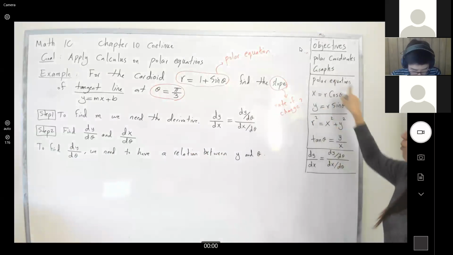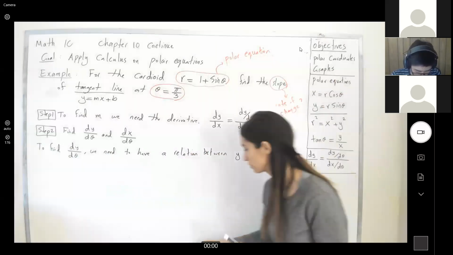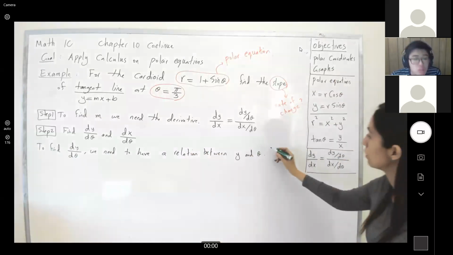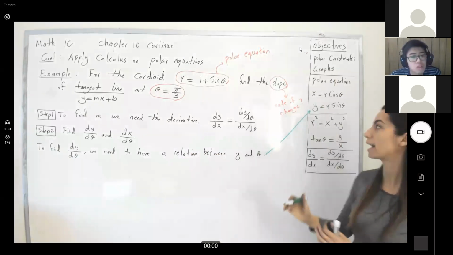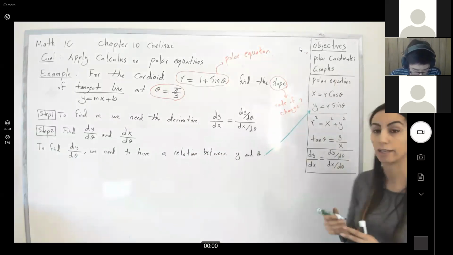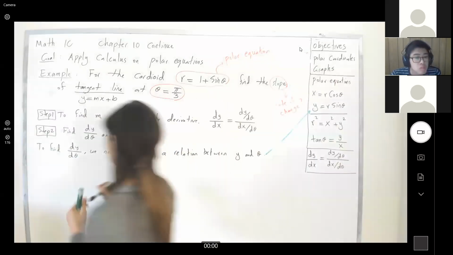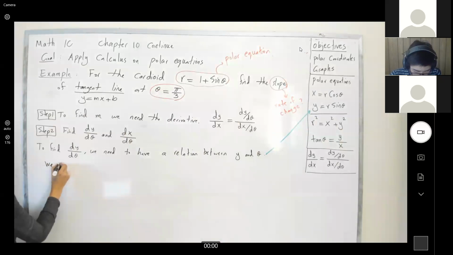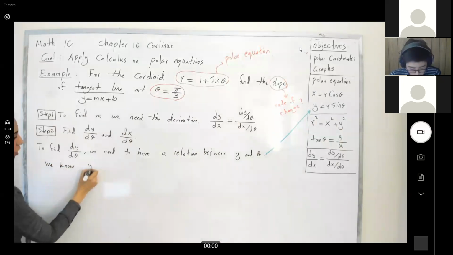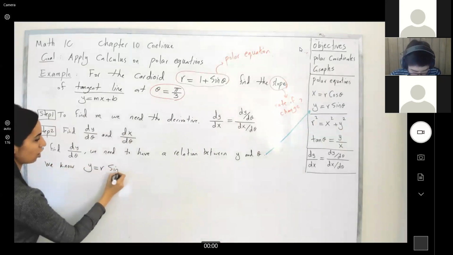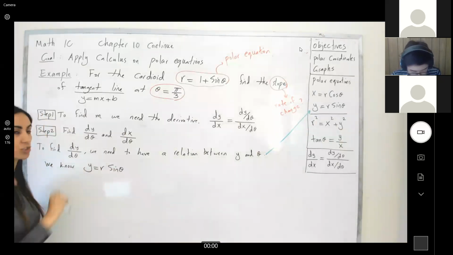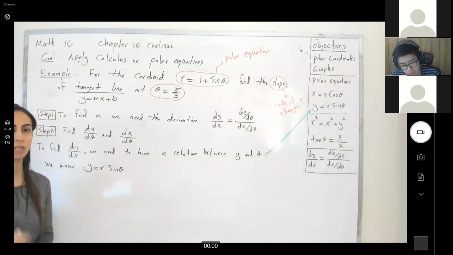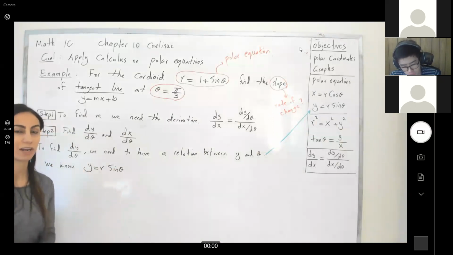Take a look at your polar equations. When we introduced polar equations, it said that y can be written as r sine theta. Something is extra here. R is extra. Do I have a relation between r and theta?